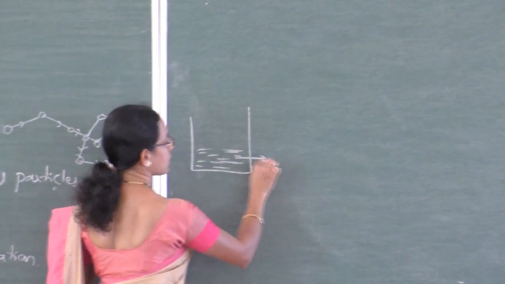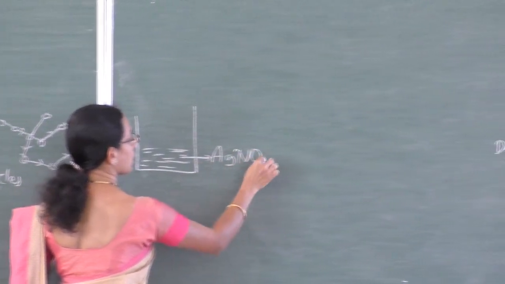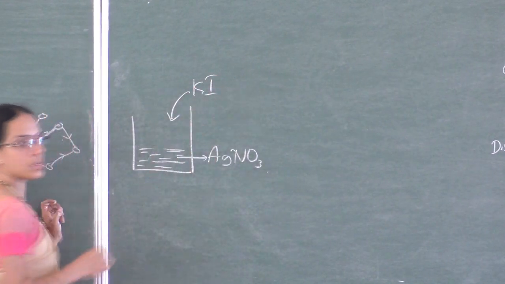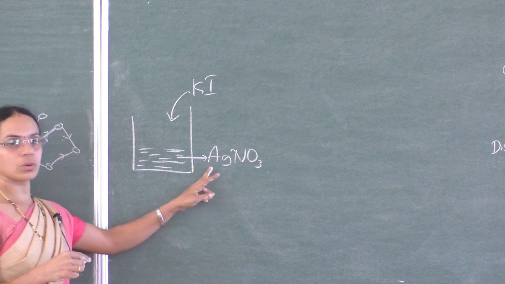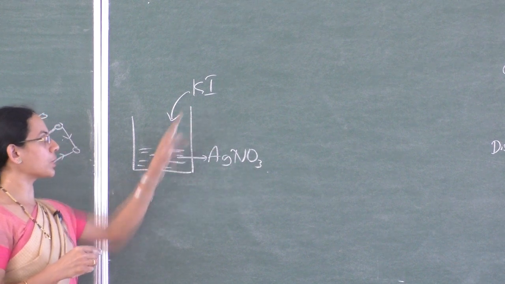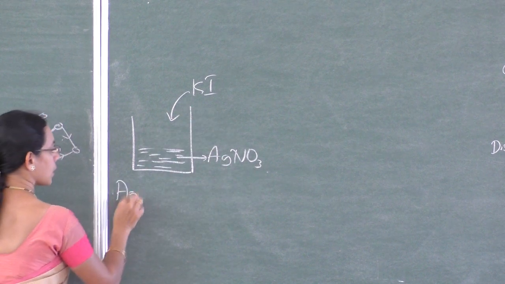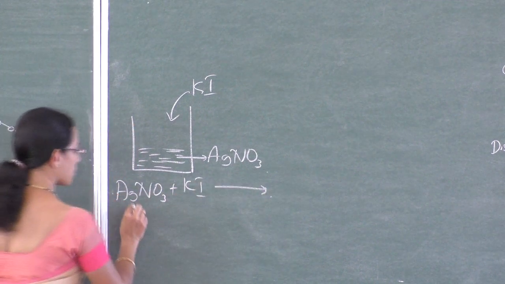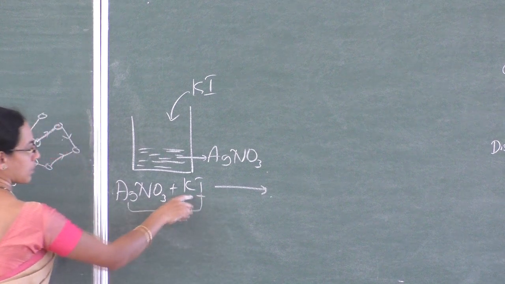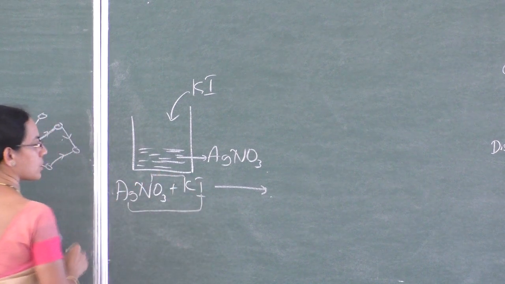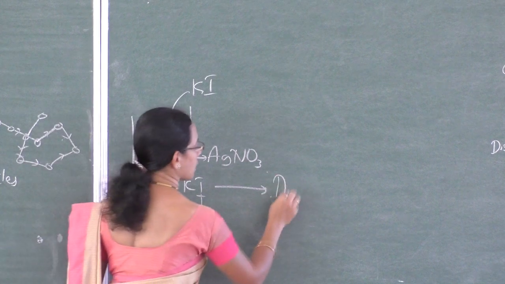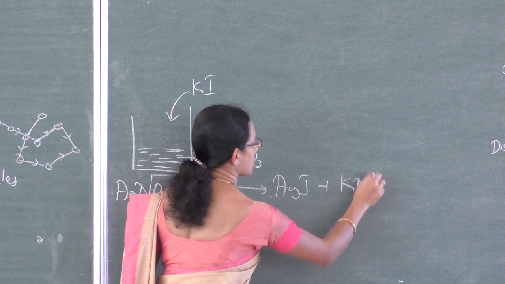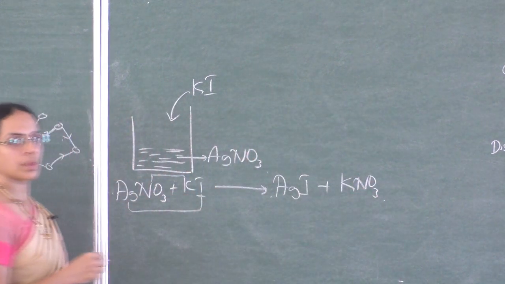Now, if this is a silver nitrate solution, AgNO3, and to this a small amount of potassium iodide is added, because of the double decomposition reaction, silver combines with iodine and potassium combines with nitrate, and it gives silver iodide AgI plus KNO3, potassium nitrate, right?